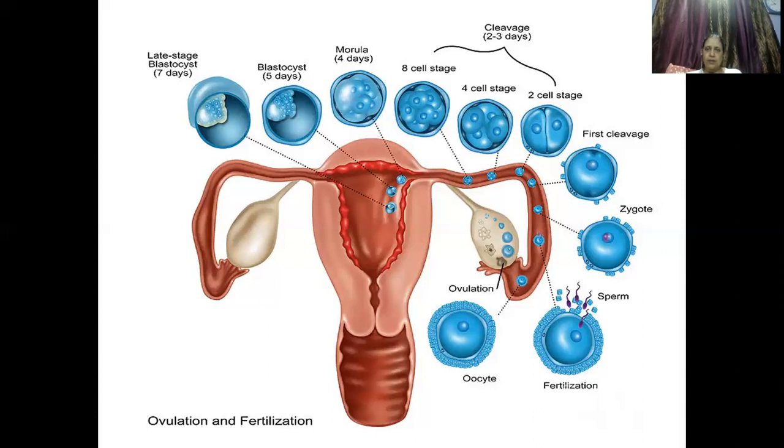Okay, so here in the central portion of the uterus, you could see that the egg, or the embryo, is implanted, and that is how the entire process of the pregnancy sets in.